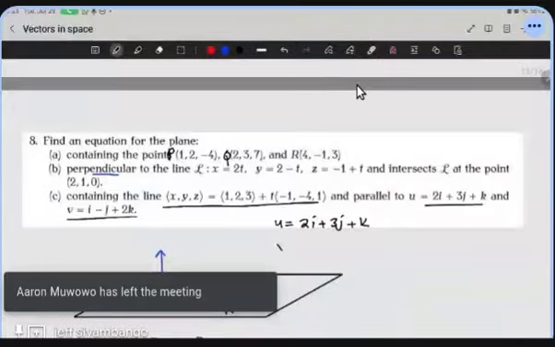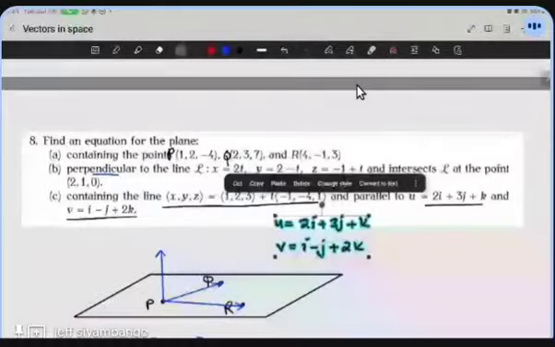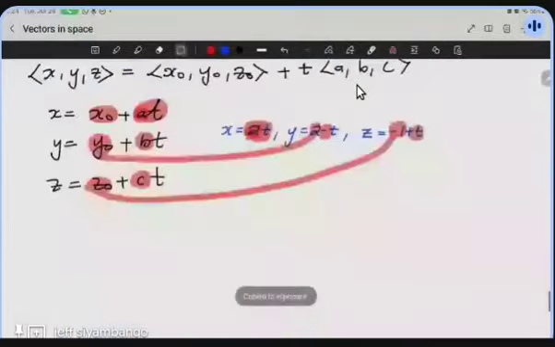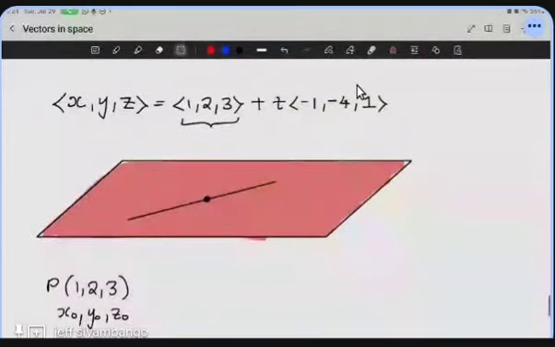And the second vector, okay, so if these two vectors are parallel to our plane, how do they look like? So it's like one vector is somewhere here, parallel, doesn't pass on our plane, maybe it passes on top of the plane.